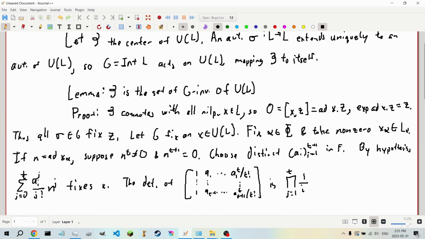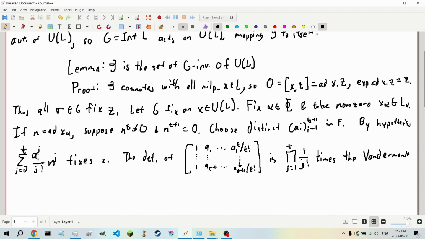We'll call it j actually, keep things a little less ambiguous. Times the Vandermonde determinant, which is the product for i greater than j of ai minus aj, which is non-zero.